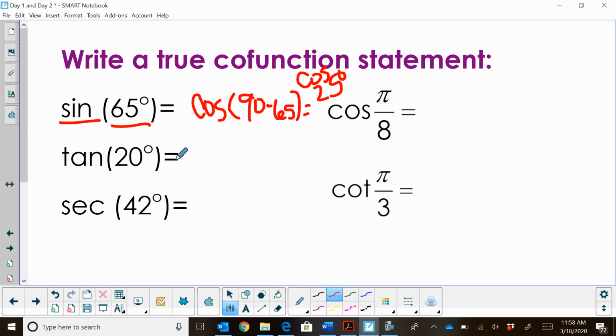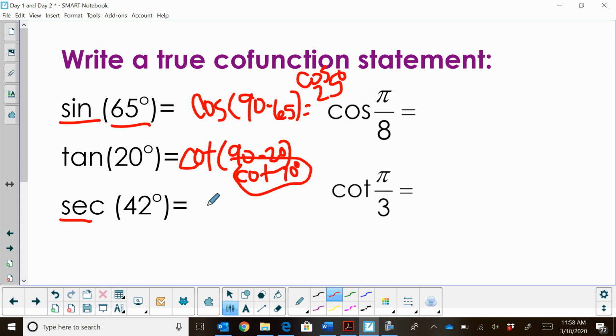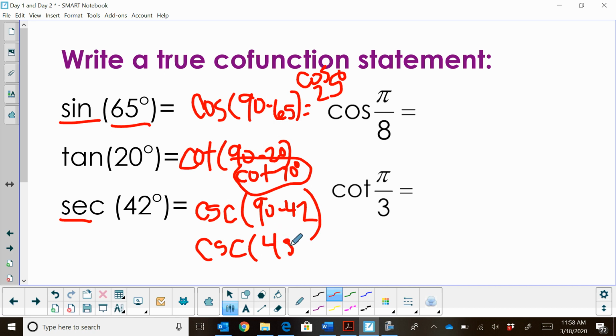Tangent, a true cofunction would be cotangent of 90 minus 20, which is cotangent of 70. There's a true statement. Secant, its cofunction is cosecant. So what's 90 minus 42? That's going to give me 48. So that's going to equal the cosecant of 48 degrees. Okay, pretty easy to see in degrees.